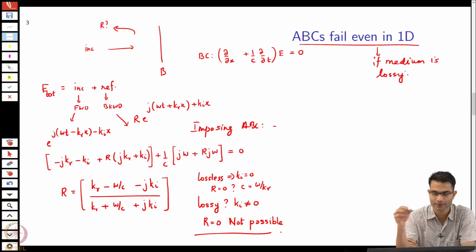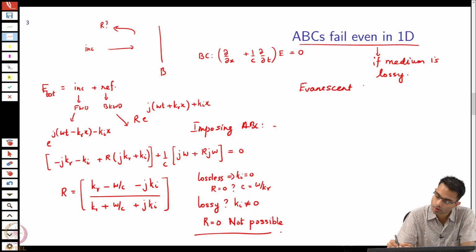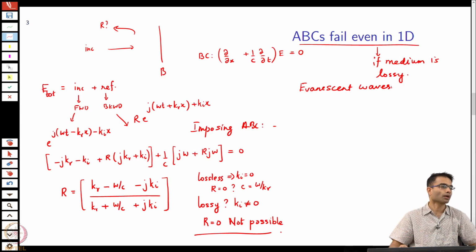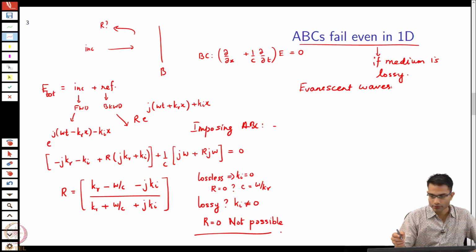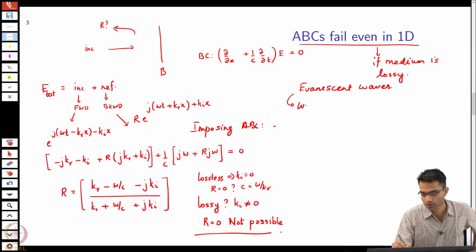So, these are evanescent waves, right? So, what is the one property of evanescent waves that you can utilize even though the boundary condition is not perfect? They decay with space, right? So, you would have to put the absorbing boundary condition further away from the objects, so that even though it is imperfect, the wave will hit it, but still it will decay.